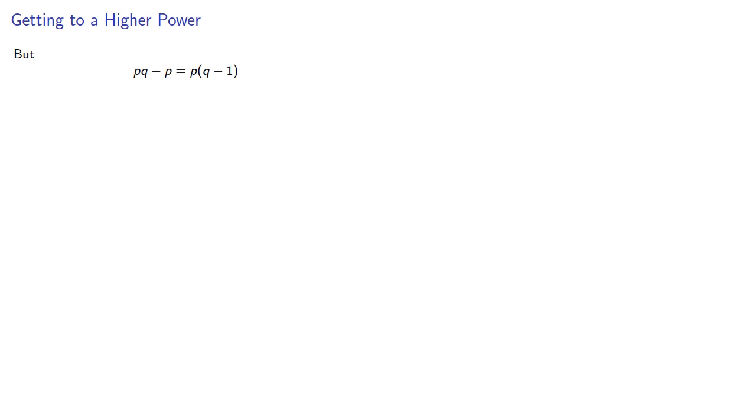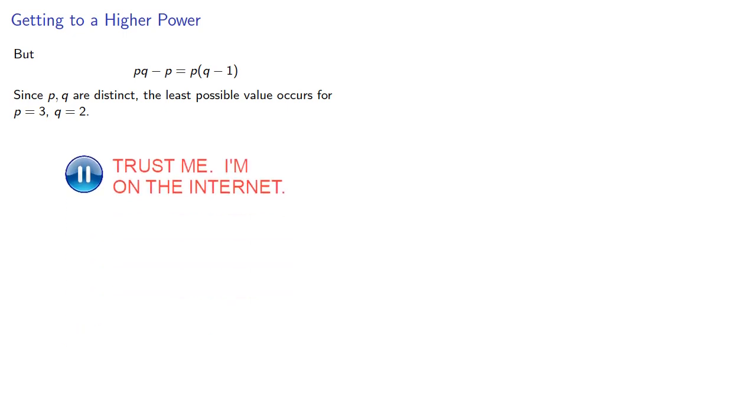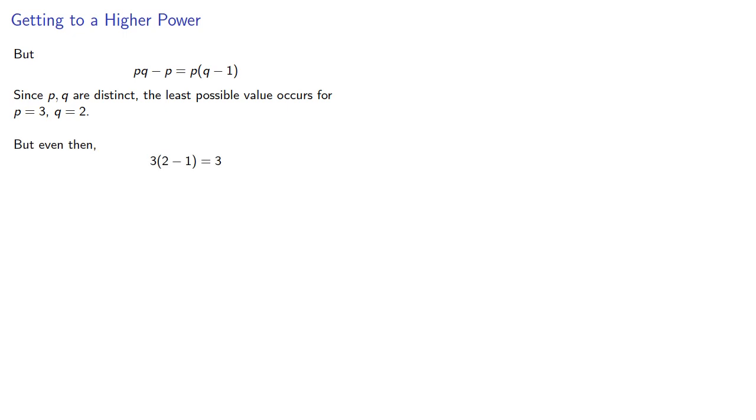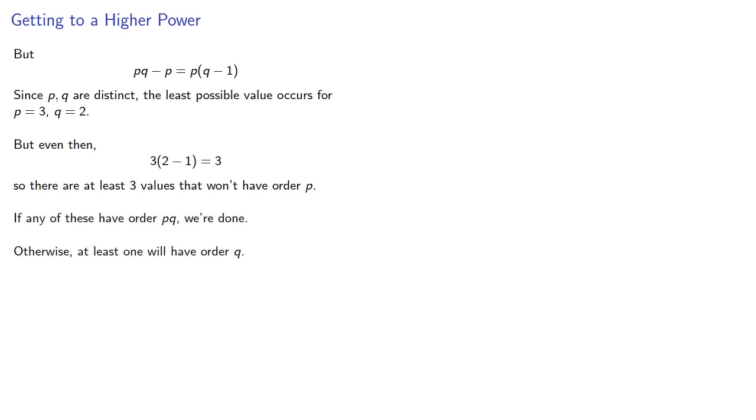And because p and q are assumed distinct, the least possible value occurs when p is 3 and q is 2. But even then, there's at least 3 values that won't have order p. If any of these have order pq, we're done. Otherwise, at least one of these will have order q. So we know that our second congruence also has solutions.